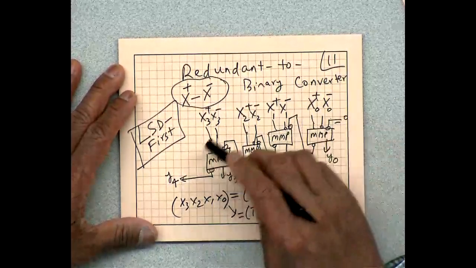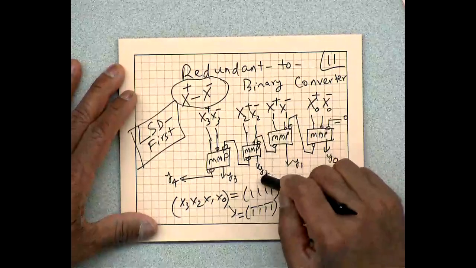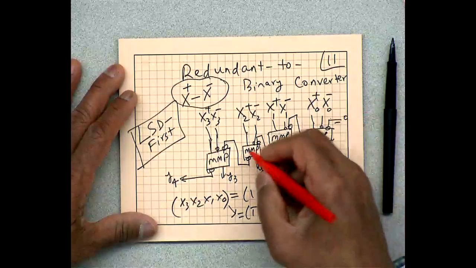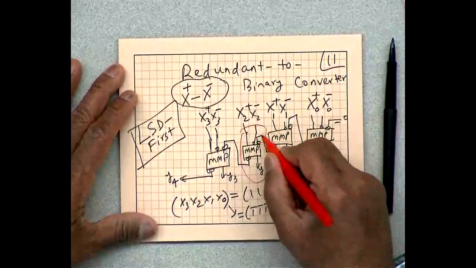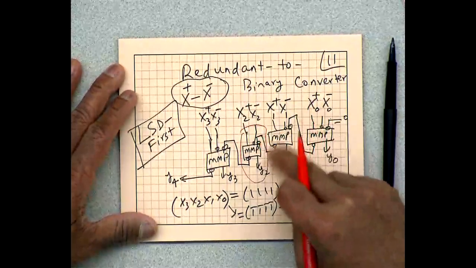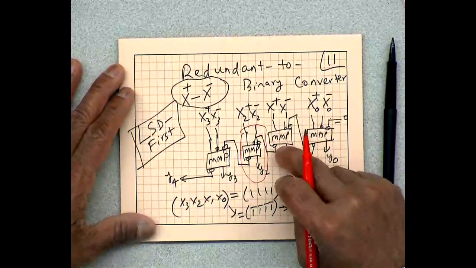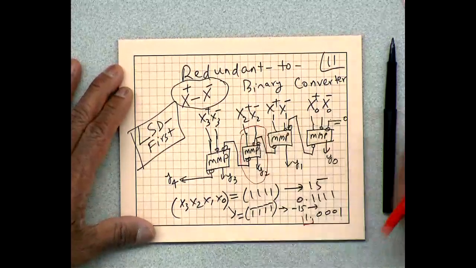The real reason is that I can't compute this y2 here, because I need to know whether the carry coming from the next less significant position is 1 or 0.